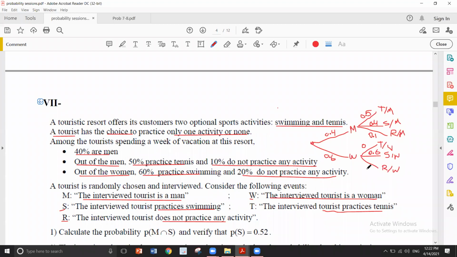Nothing is 20%, 0.2. How much remains for tennis? 0.2.